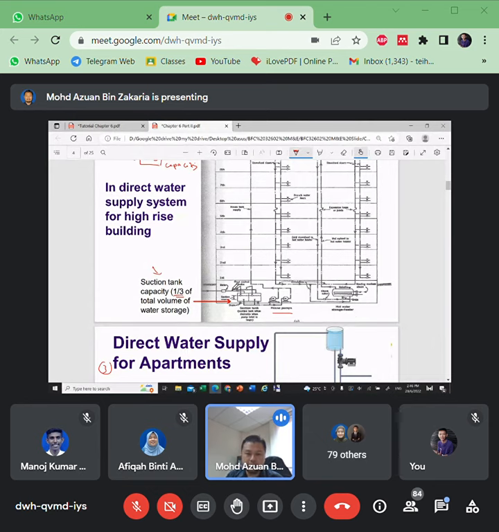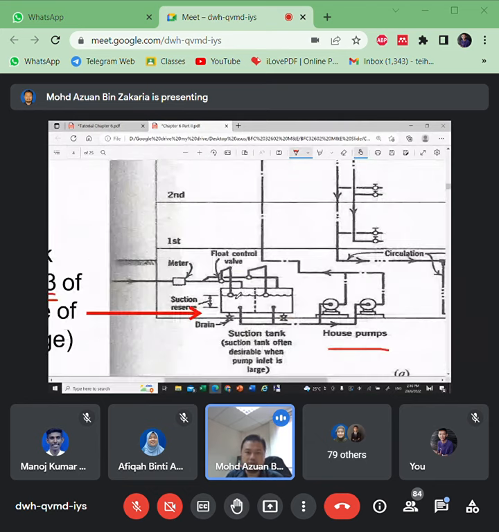Okay, let's look in detail at how this distribution works. Firstly, we have the meter, and after the meter, the water will be stored temporarily at the suction tank, which is 1/3 of the total capacity.